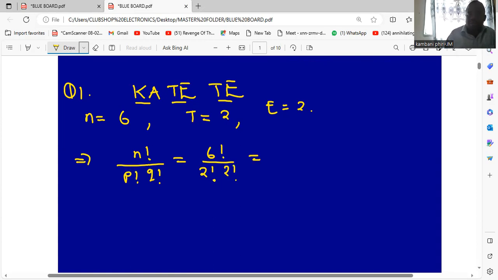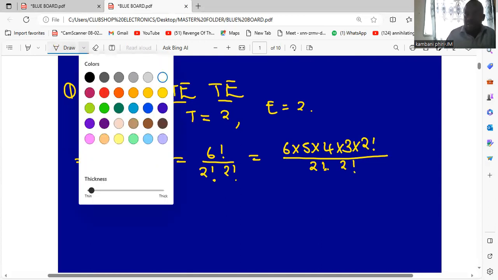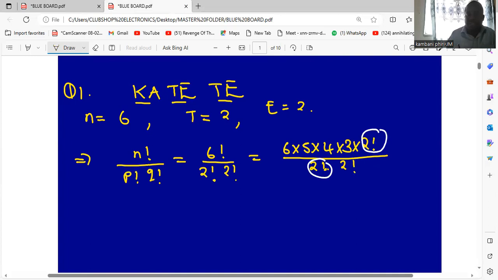Now you can break down that 6 factorial up to the second factorial. So 6 factorial, which is 6 times 5 times 4 times 3 times 2 factorial, divided by 2 factorial and 2 factorial. In this case, this factorial and this factorial will divide.